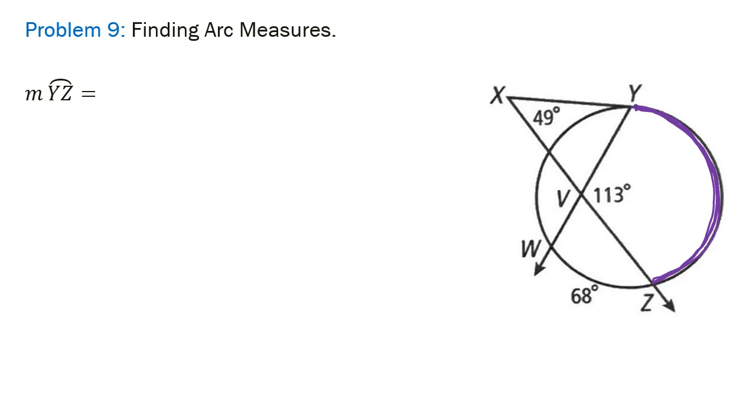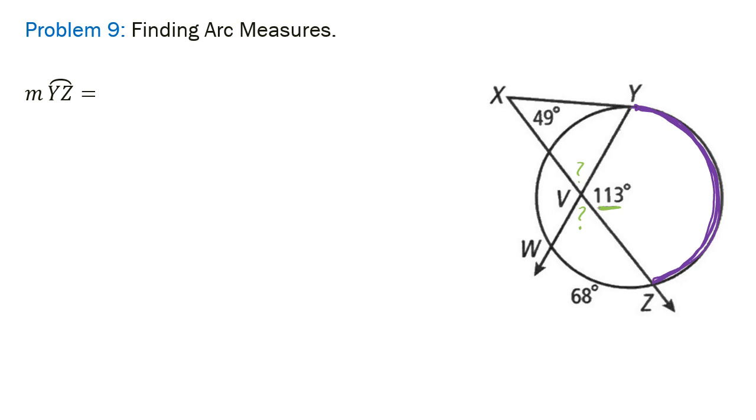A few things I'm going to take a look at: I know this right here is 113. I'm going to figure out what these angle measurements are. YW is a straight line, and I know 113 of it.